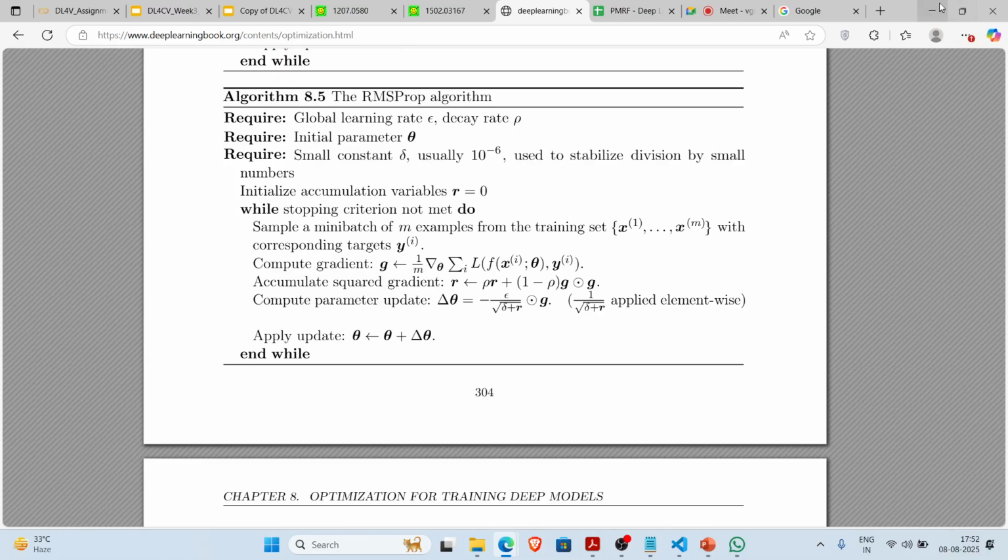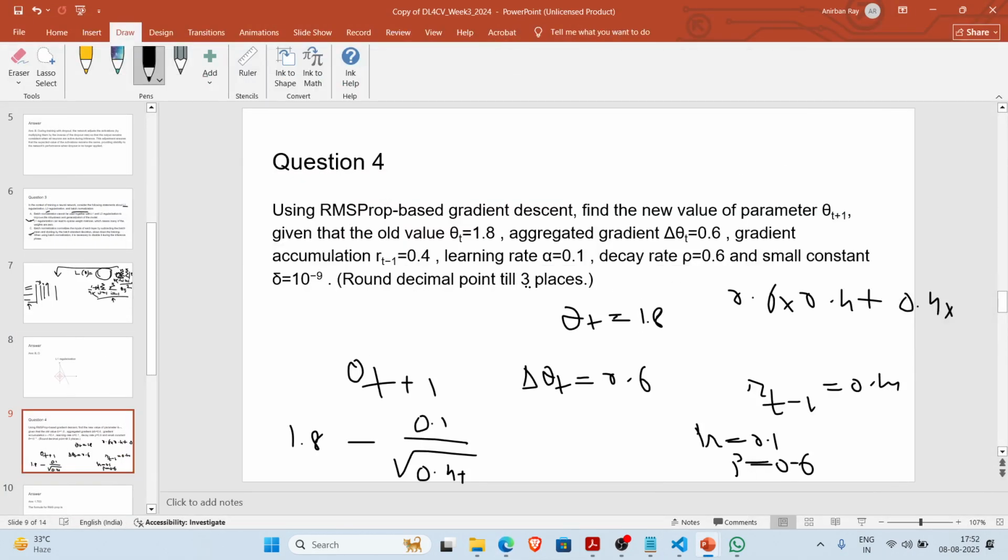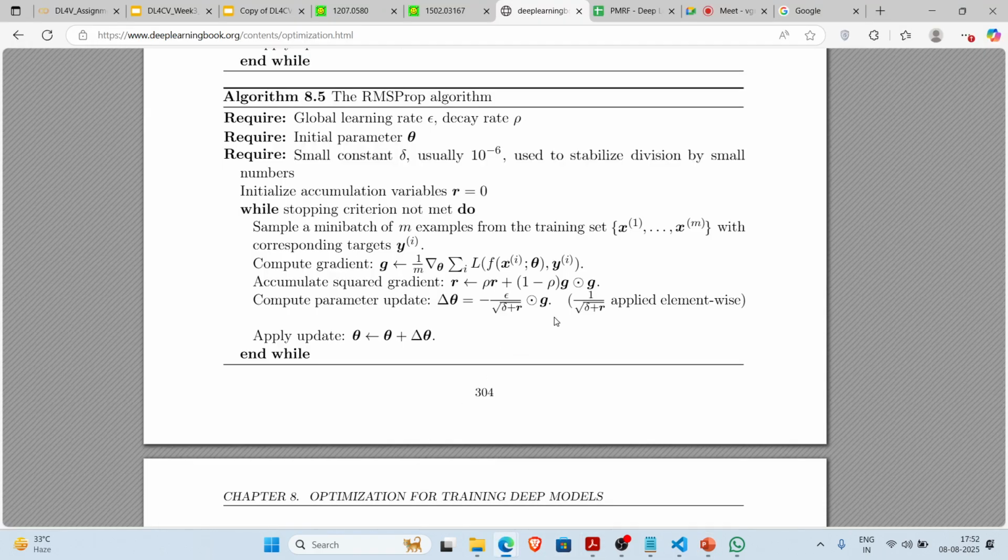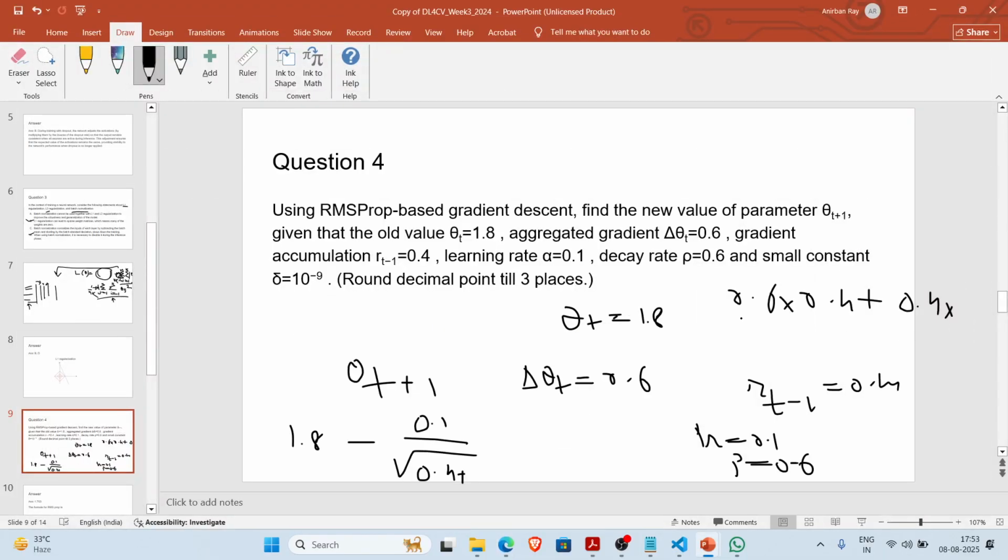The aggregated gradient is already there, that is g, so g dot g is 0.36.